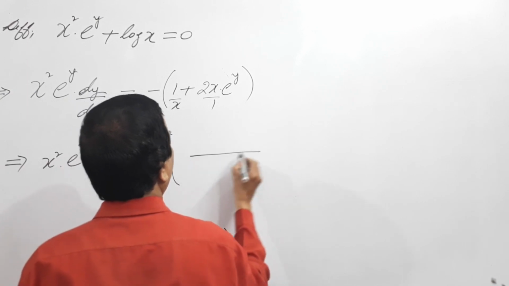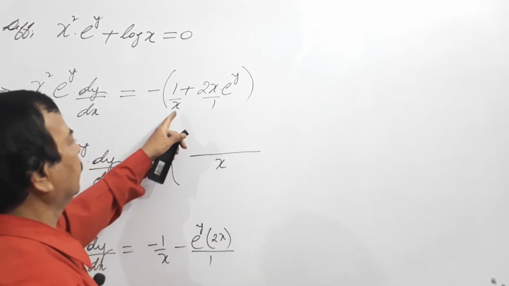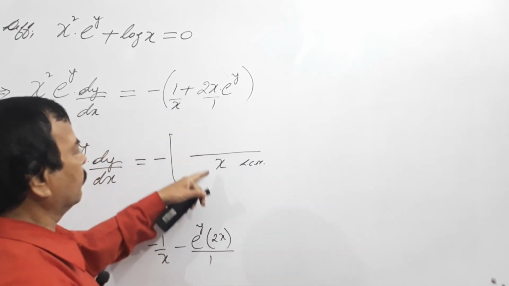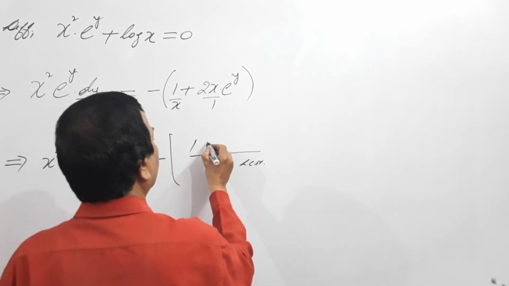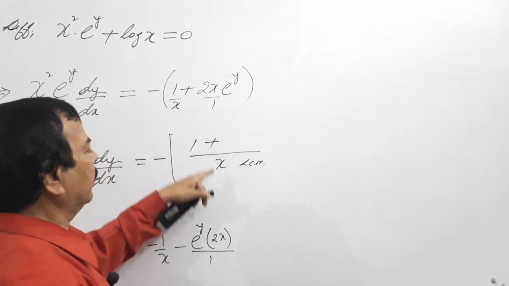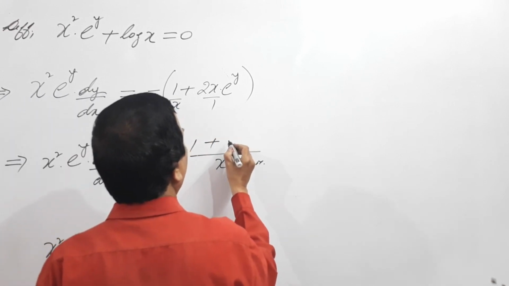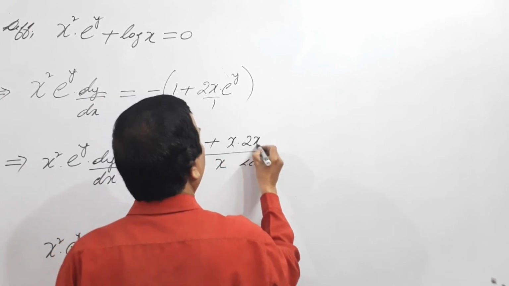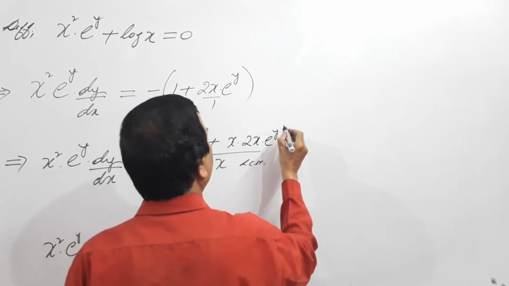So x is the LCM. X goes one time, 1 into 1, this becomes 1, plus it goes x times, so this becomes x into 2x e to the power of y.